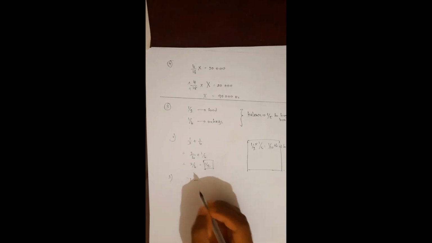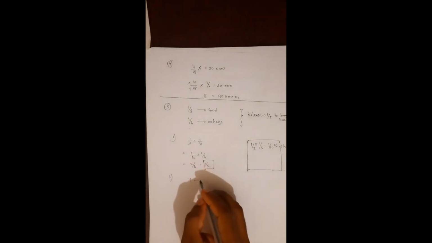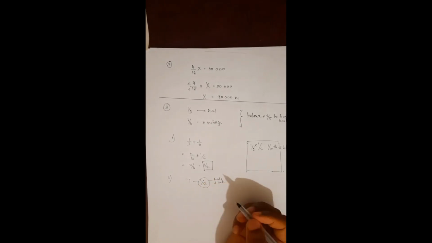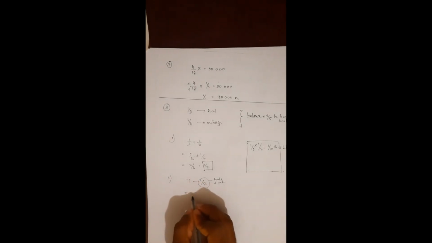So let's look into the next question, that is, what fraction of Sanat's salary does he spend to buy books? We already did it. Now we can write it here. So let's consider the whole part, that is 1. Whole part minus half, what he spent on food and outings, that would be equal to half remaining.